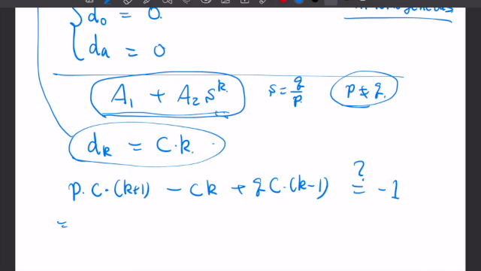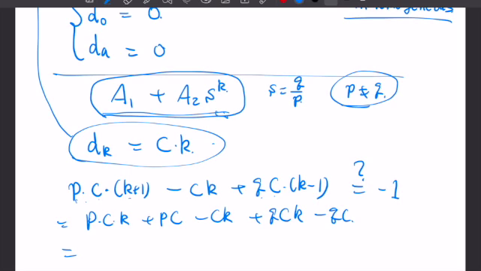So this is pck plus pc, minus ck, plus qck minus qc.